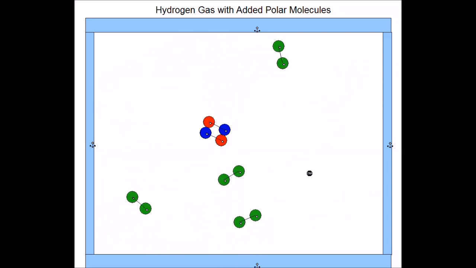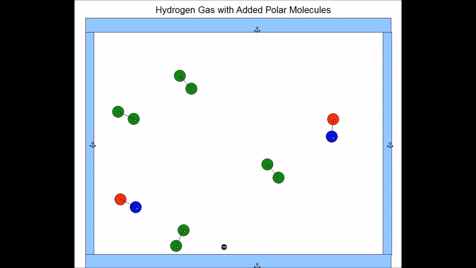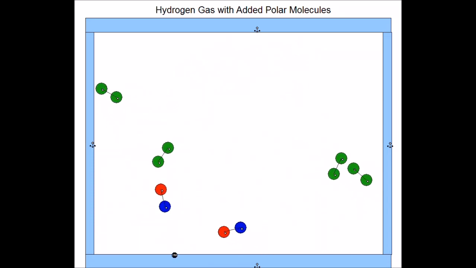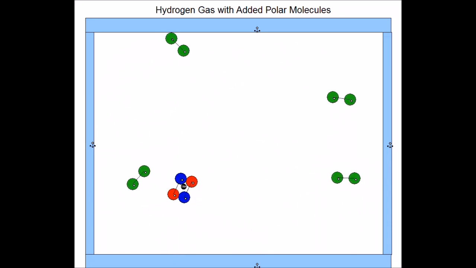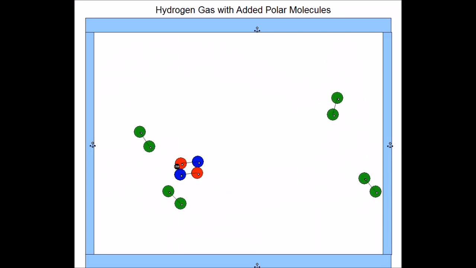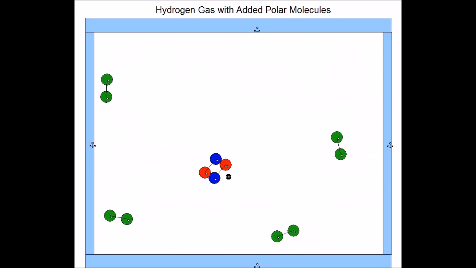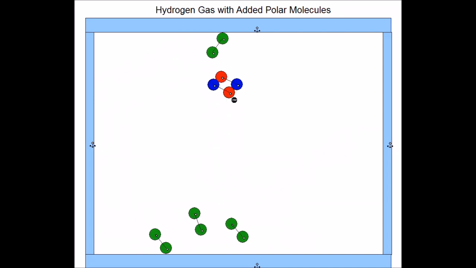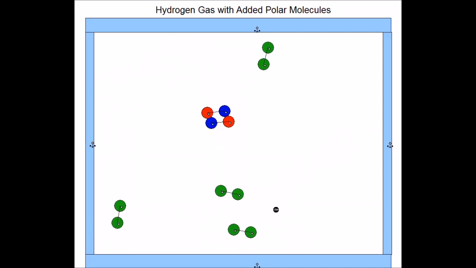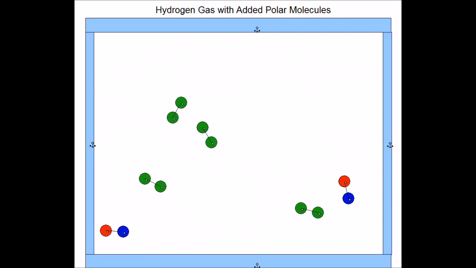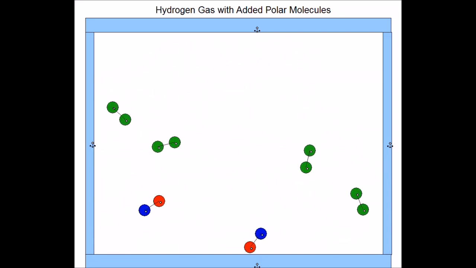There's large spaces between them. On the other hand, these red and blue molecules here have polarity, and you see when they find each other, they have some attractions. That would be representative of a liquid state. You can see they're still mobile, but they tend to stick together. So this big difference in behavior can be related to friendship bonds.